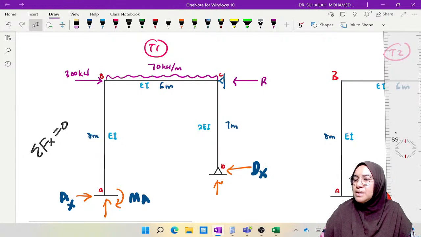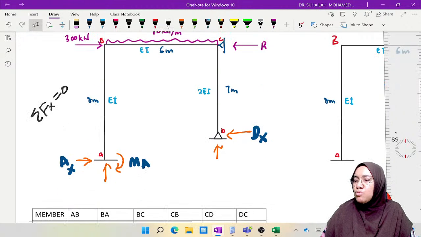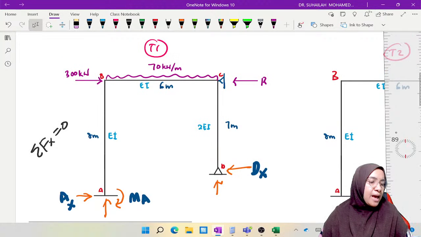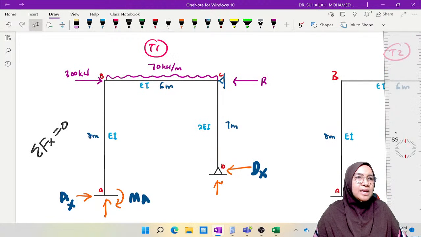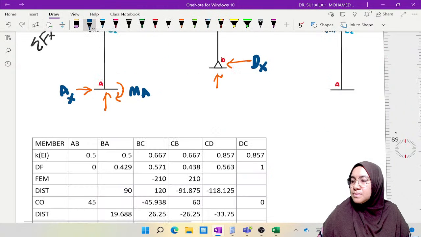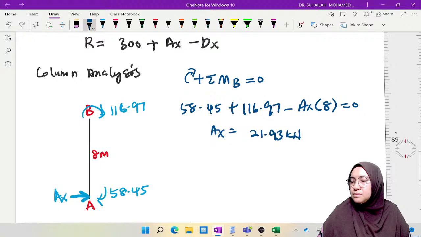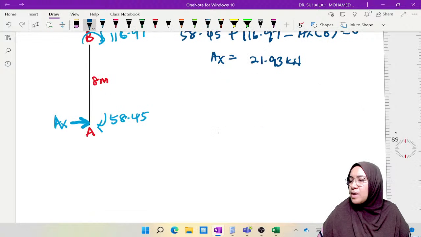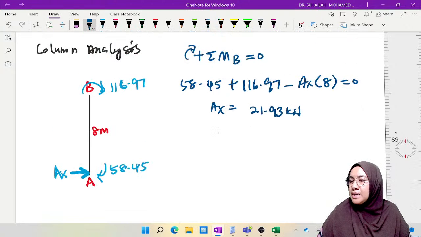Member CD, so there is moment at C, no moment at D because D is pin. So it is 7 meter. Can you please calculate for me the value for DX? Who wants to try?